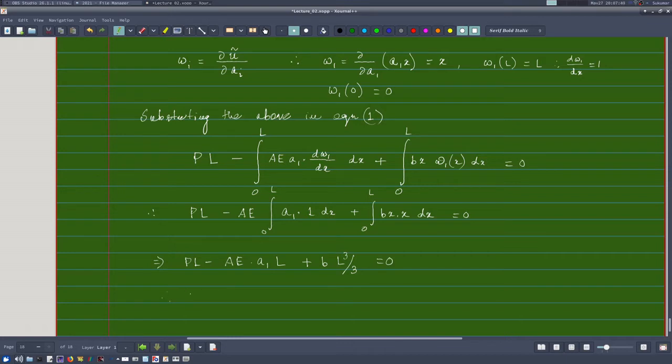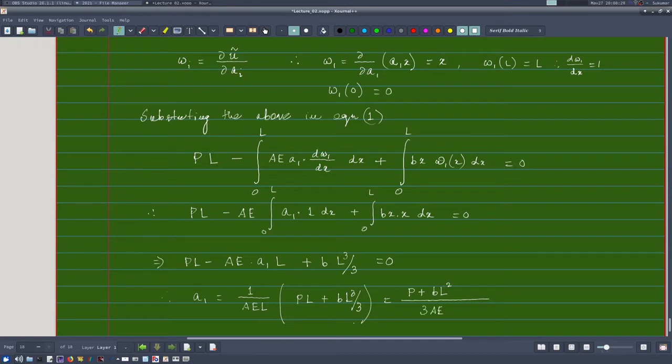Therefore a1 will be equal to 1 upon AE L into PL plus bL cubed by 3, or this is nothing but P plus bL squared by 3AE.